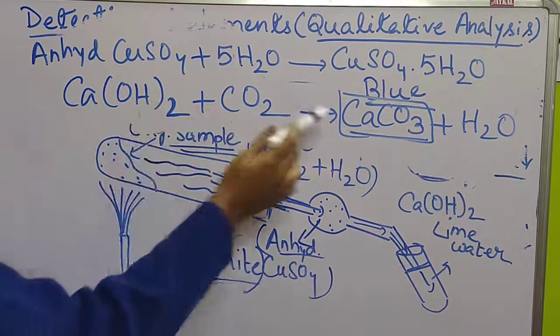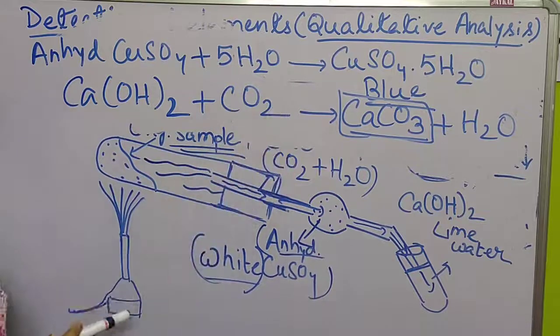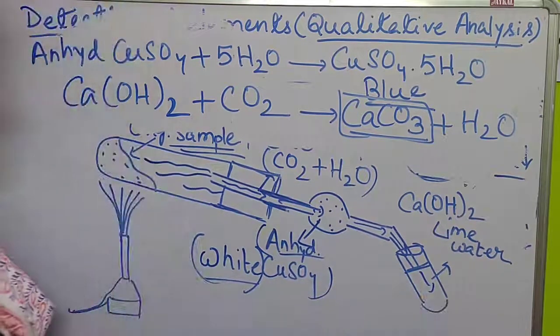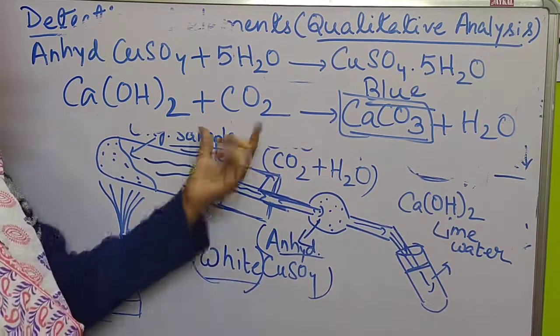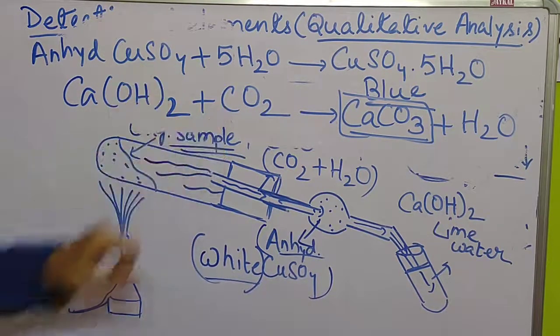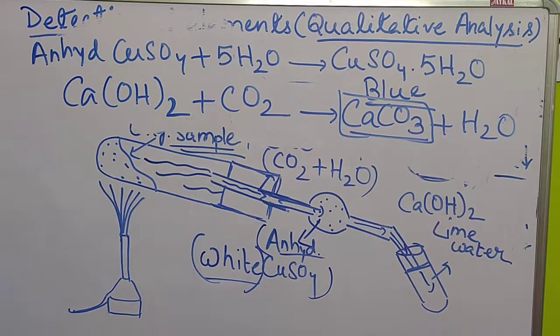This test is used for the detection of carbon dioxide. As we see the lime water turns milky, that confirms the presence of CO2 in the gaseous mixture, as well as carbon in the organic sample.